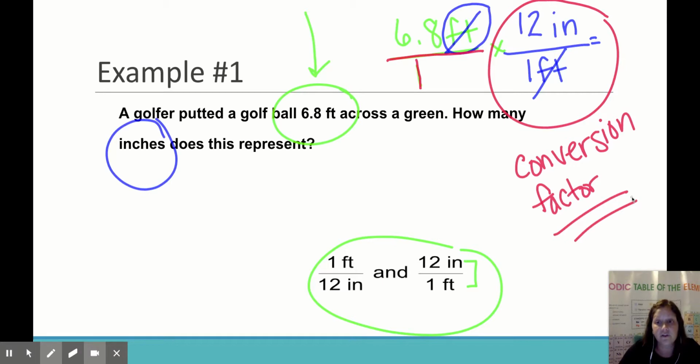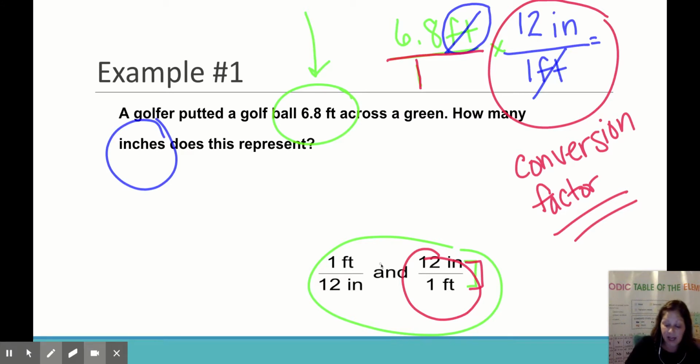And this conversion factor has to be a fraction, and the numerator and the denominator have to be equal to each other, but in two different units, like 12 inches is 1 foot, or 10 millimeters is 1 centimeter, or 60 minutes in 1 hour. We would put one over the other.